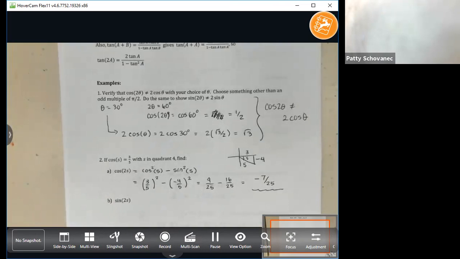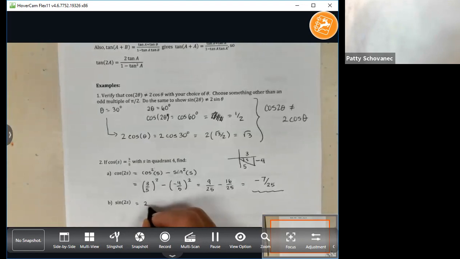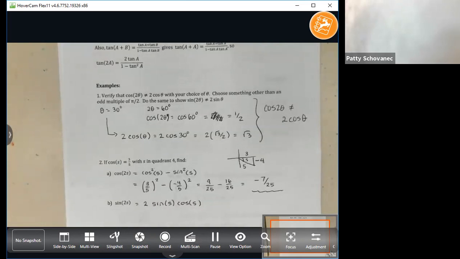All right, the next one, the sine of twice the angle, has as its identity 2 times the sine of the angle times the cosine of the single angle. 2 sine of S cosine of S is the identity for the sine of a double angle. And then we have the cosine of S is 3/5.